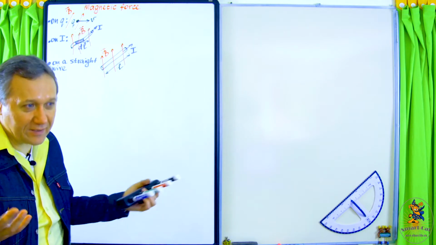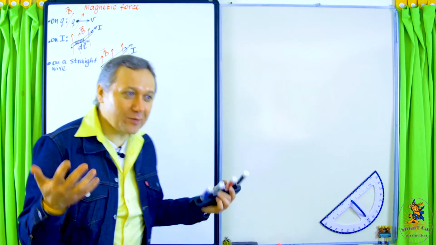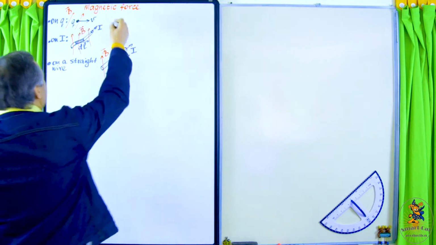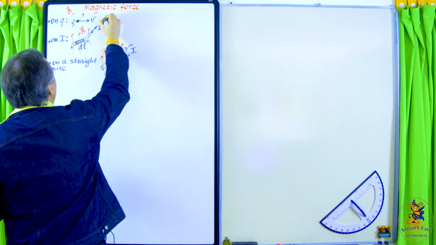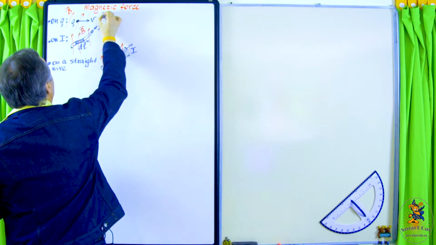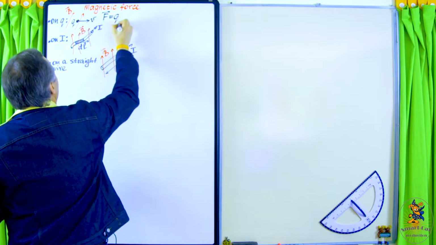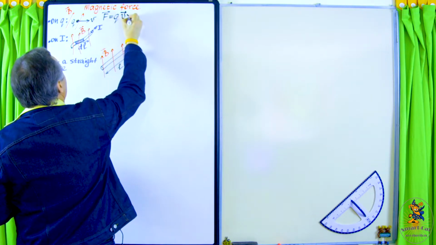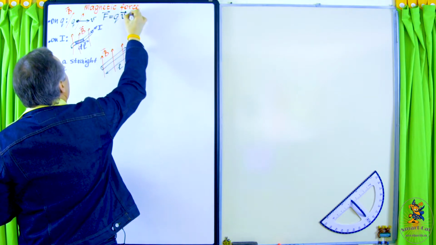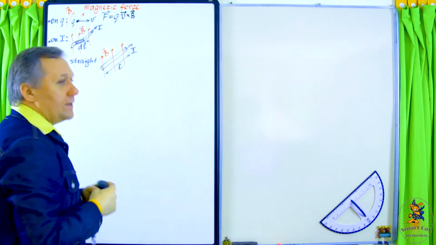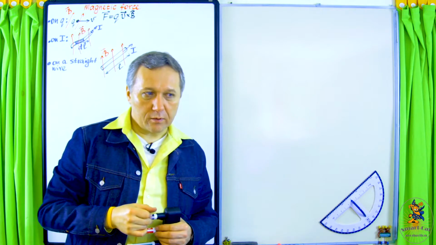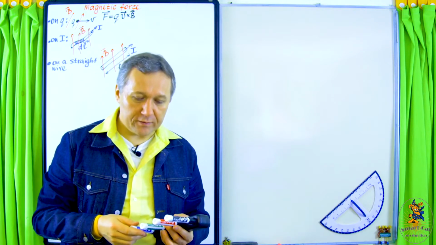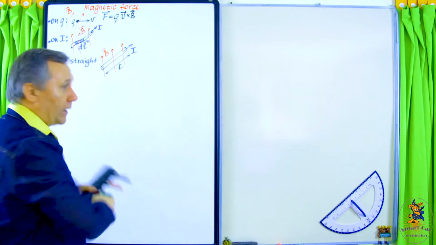It is accepted as an axiom, basically, right? Written based on observations. So we wrote it down in the lecture. F equals the value of the charge, times the cross product between the velocity of the charge and the magnetic field. This is one of the fundamental equations in physics and, of course, in electromagnetism.